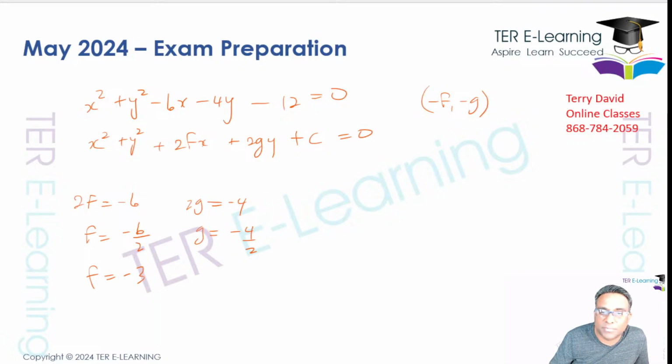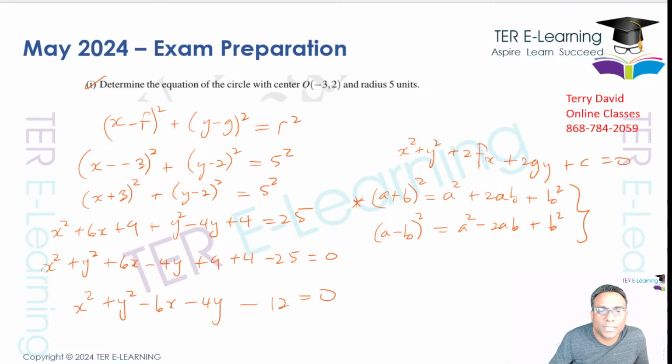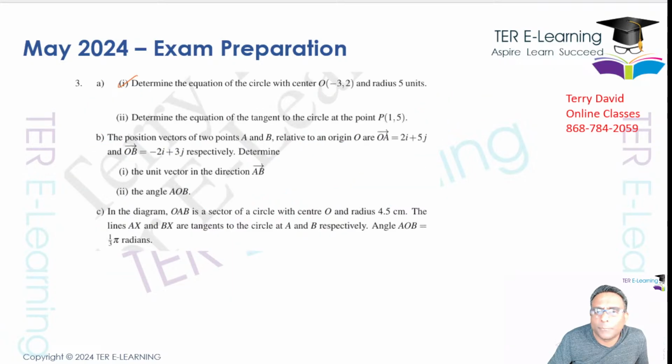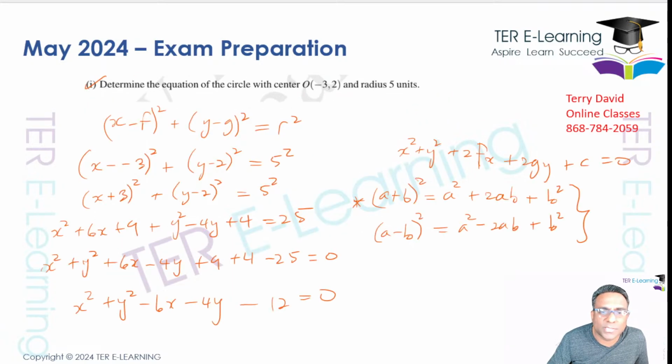Let me just double check something here. Oh, this should have been a plus 6 here. So good thing I'm checking it over.